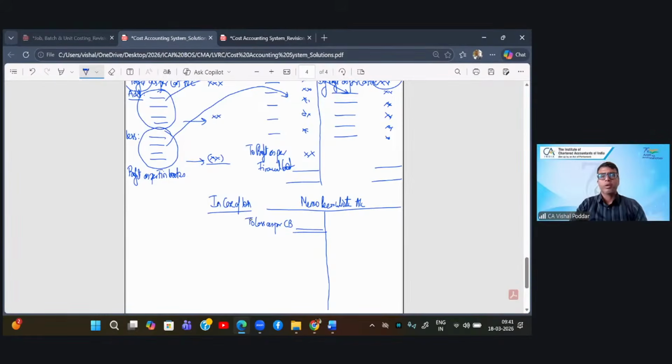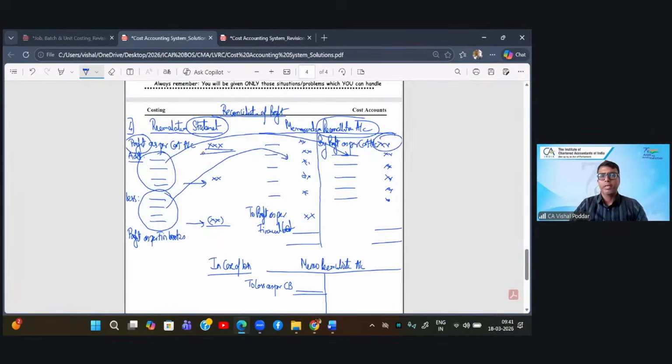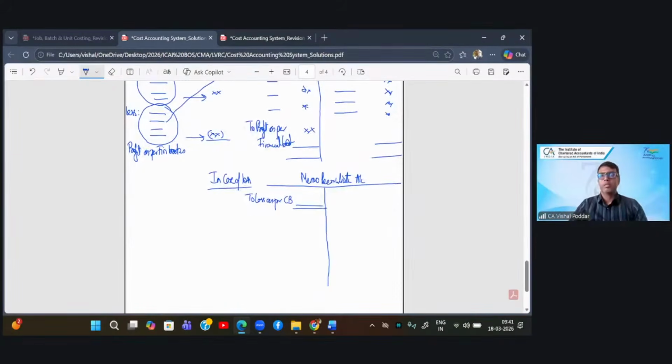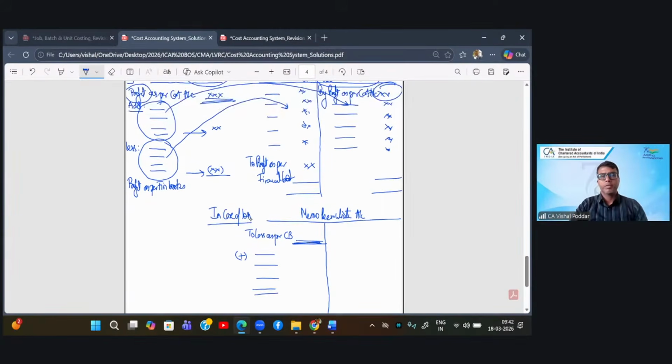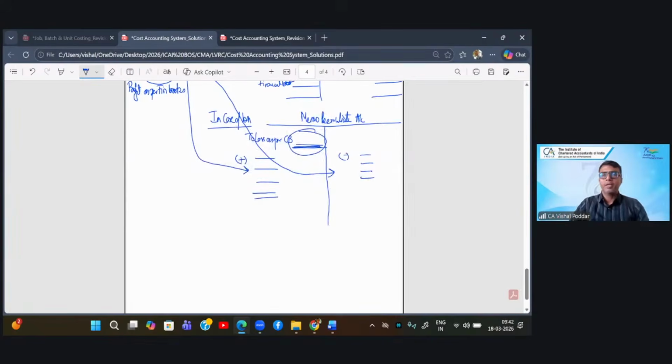Remember this, whether you are following the statement format, here also you will write the figure as a positive value, or if you are following the reconciliation account format, you will write it on the debit side as a positive value. Now, all the figures which you have decided as add have to be put on the debit side so that automatically they will get added to this, and whatever you have decided as subtract, you will put it on the credit side so that automatically they will get subtracted and you will get loss as per financial books.